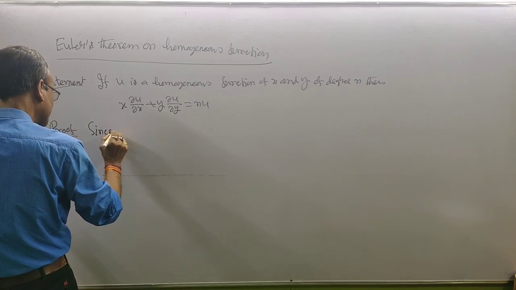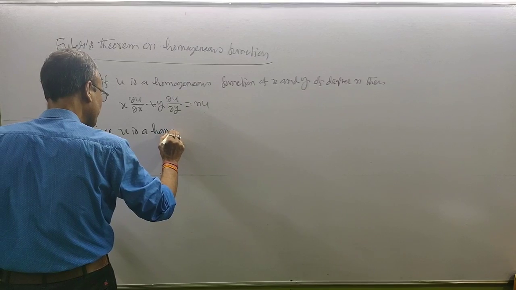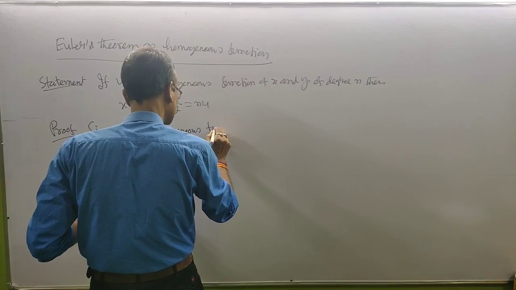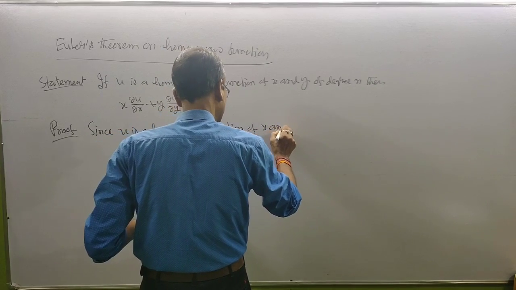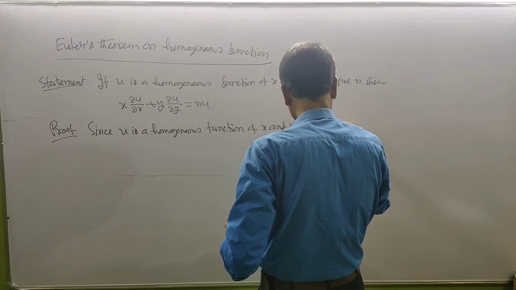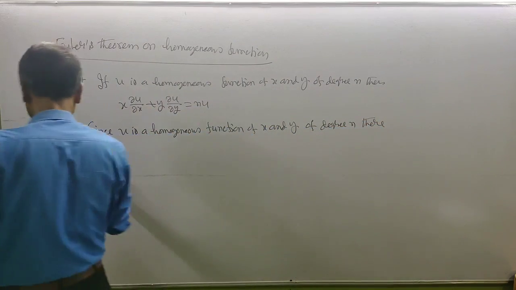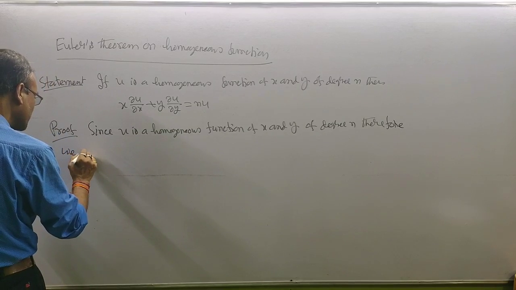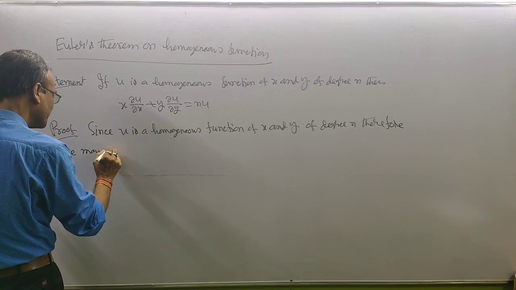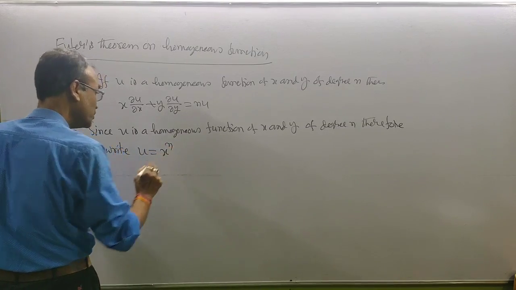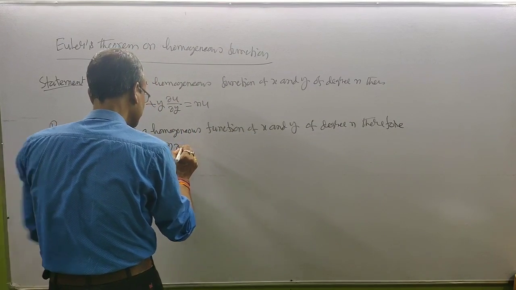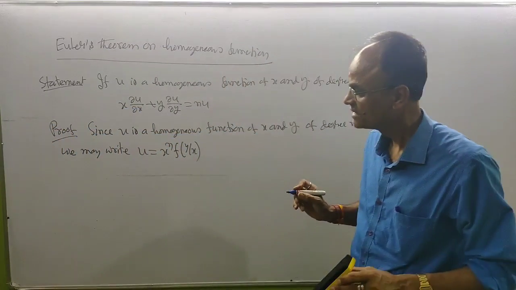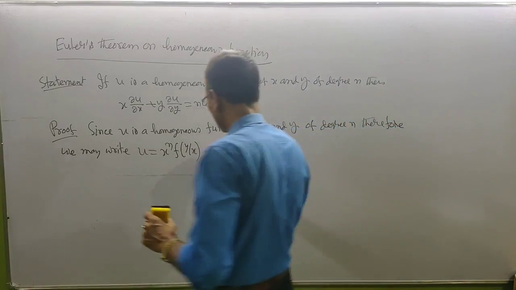Since it is of degree n, we write u equal to x to the power n, f of y by x.